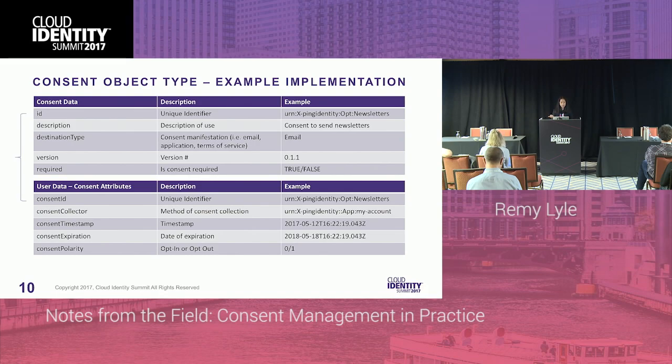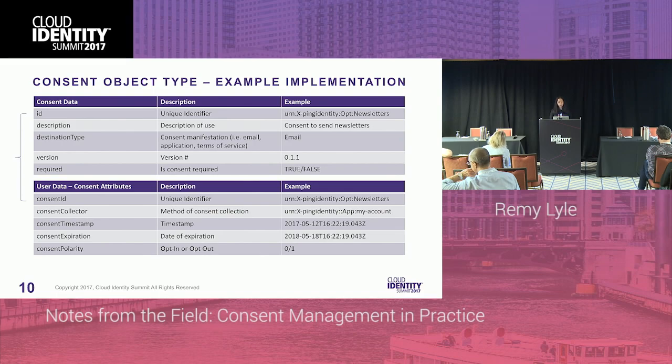But you'll notice that within the consent object itself, we gave it a URN type identifier. I just gave it a little bit of a description. The consent manifestation is, for example, a consent for a user to say, hey, you can send me newsletters via email.